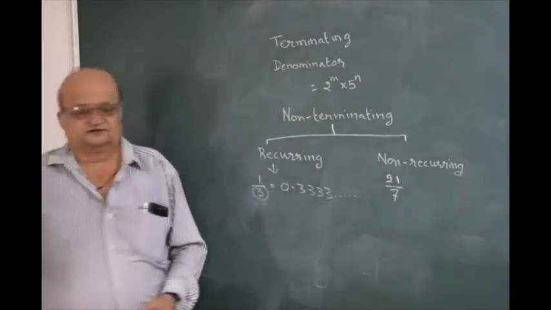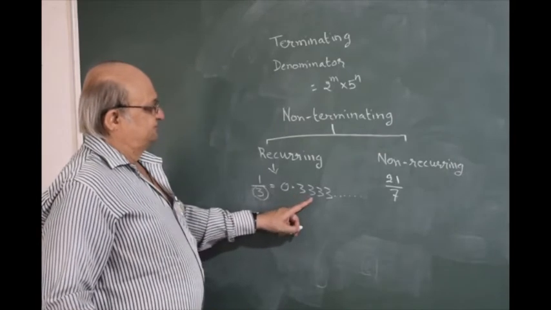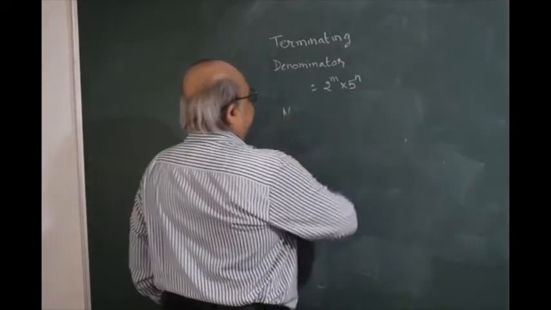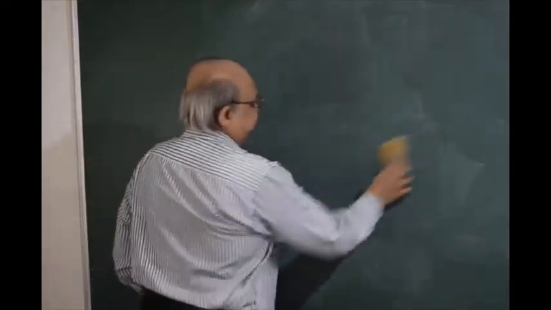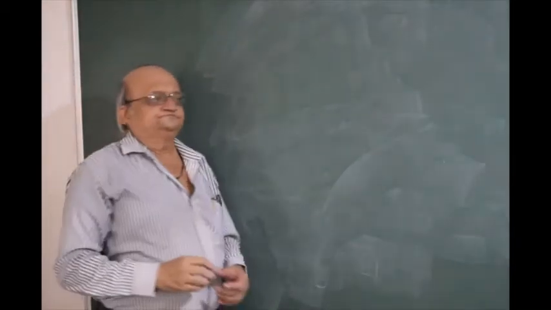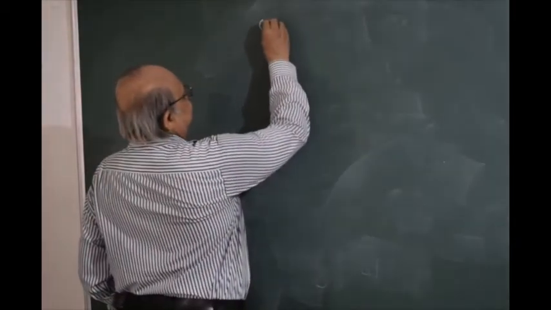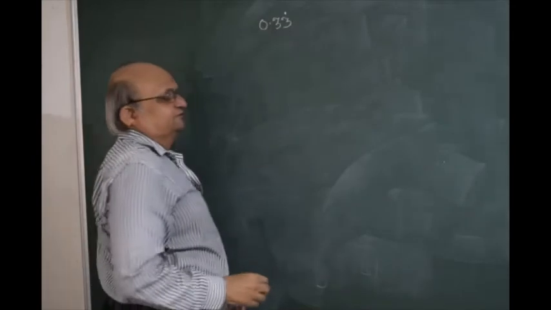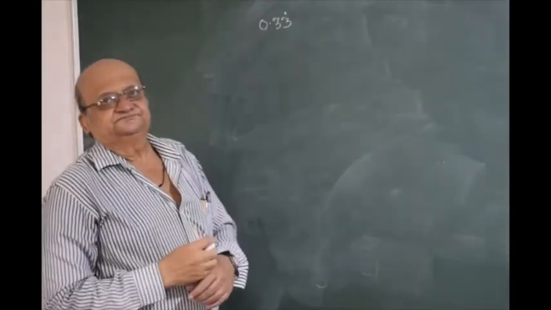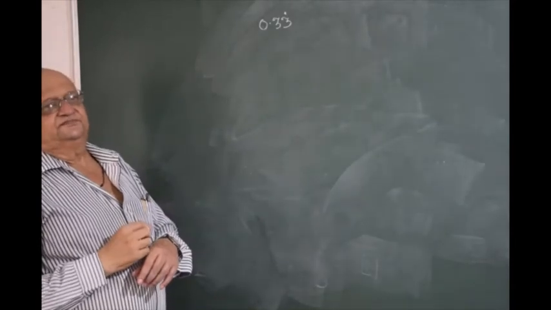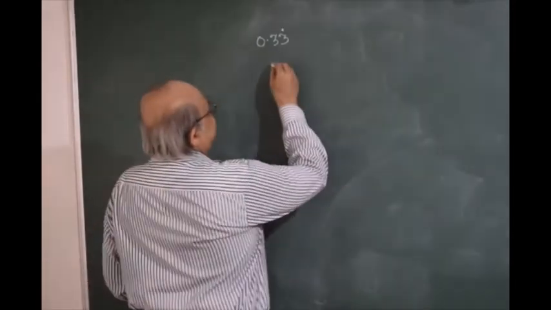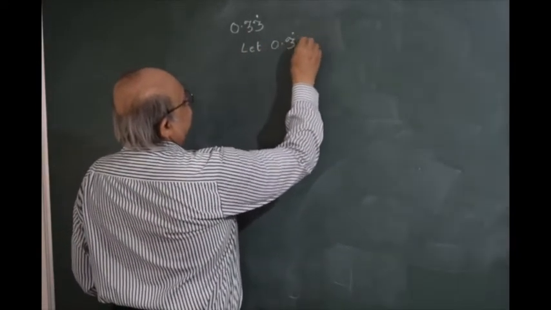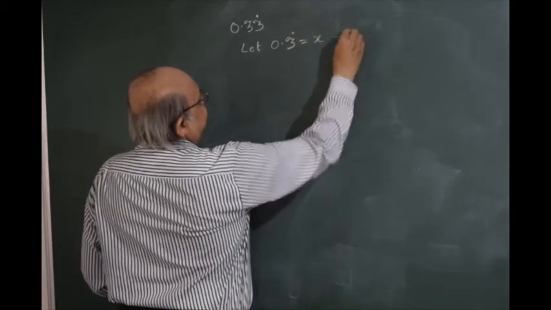We also have learned how to convert 0.333 into 1/3, and let me recall it for you today. We want to convert 0.3 recurring into a fraction. How do we do it? We say let 0.3 recurring equal to x, call it equation 1.